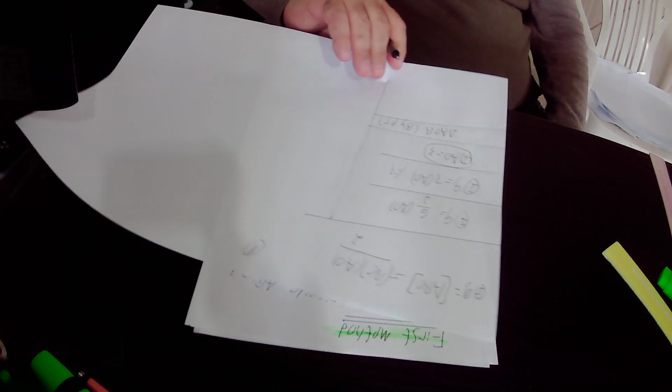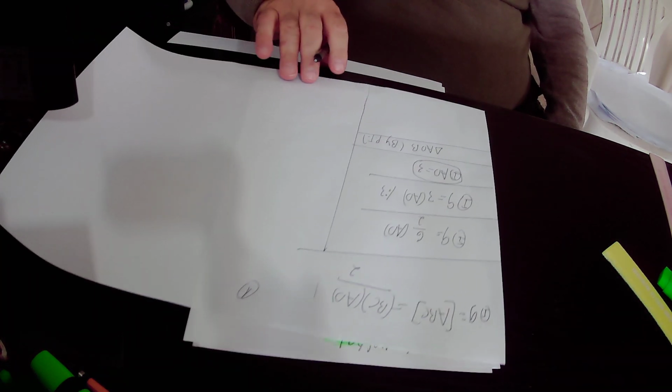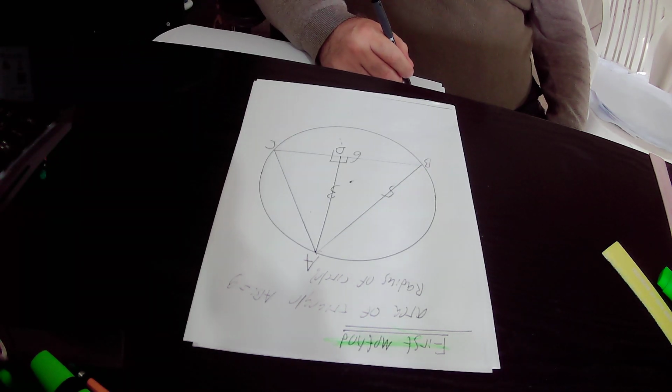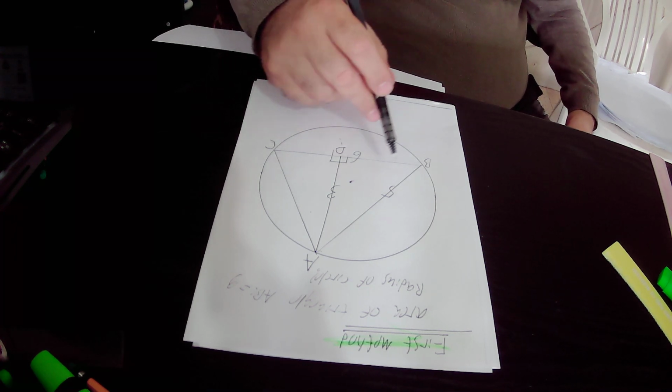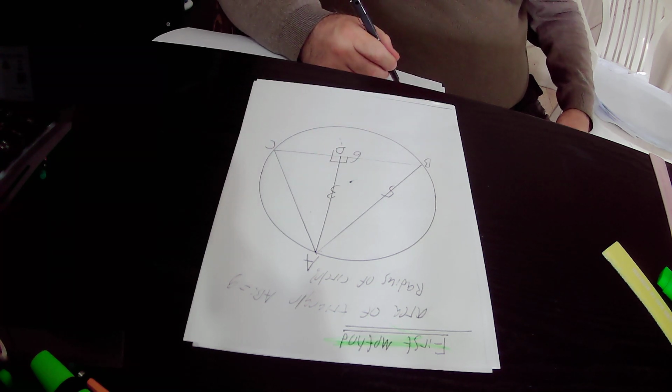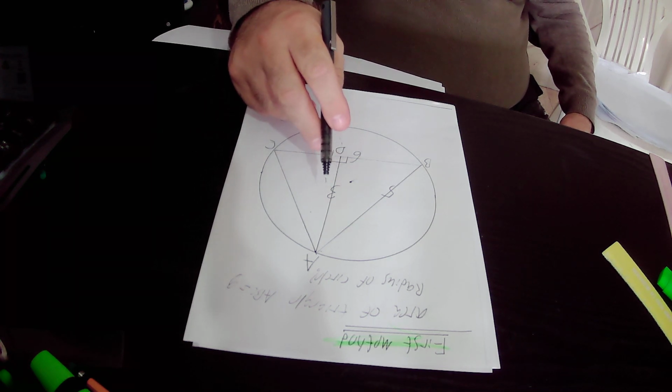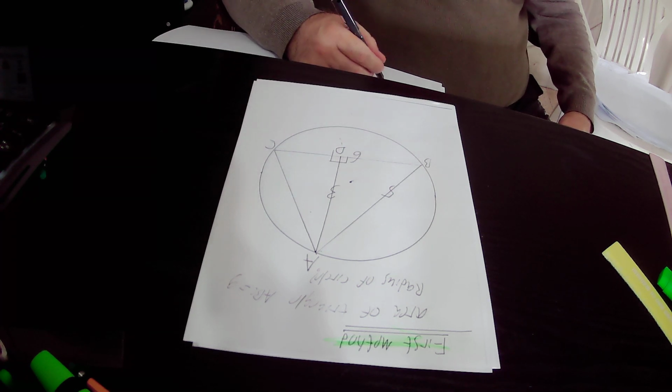Okay, right triangle ADB. By PT we get that the square of the hypotenuse is AB, so the square of the hypotenuse is AB squared, and it is equal to the sum of the squares of the perpendiculars. That is to say it is equal to AD squared plus BD squared.